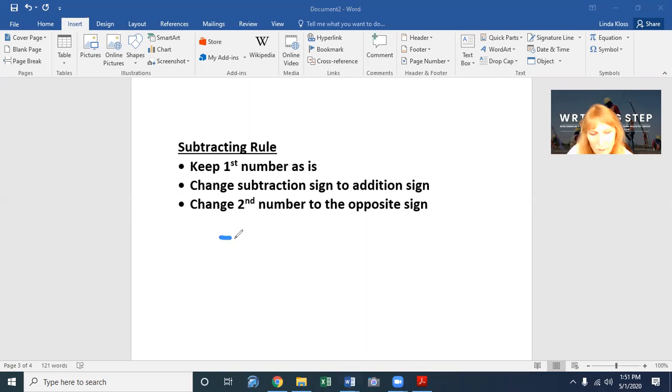So let's say we had 7 minus 4. Okay, that's pretty easy, right? That's just 3, right? Another way of looking at that, though, and I'll show you why that's important in a minute. Keep the first number as is, change the subtraction sign to addition, change the second number to the opposite sign.